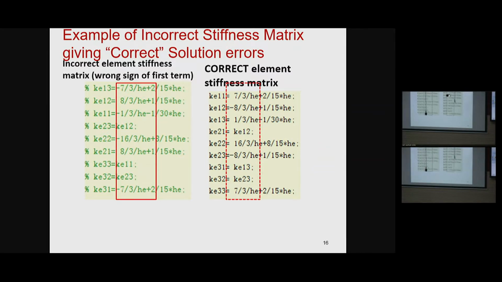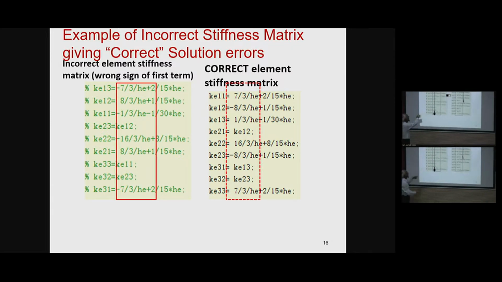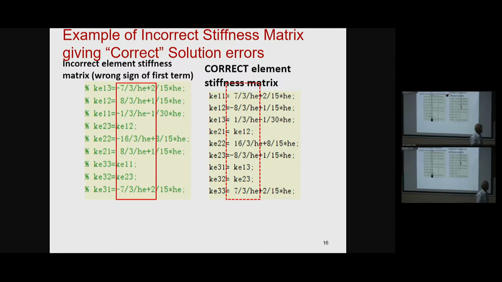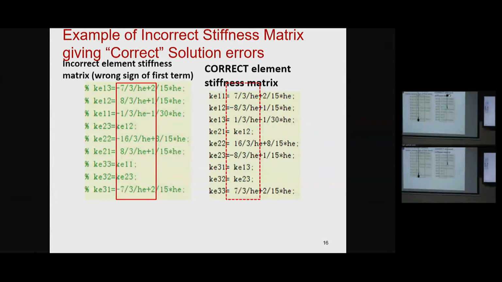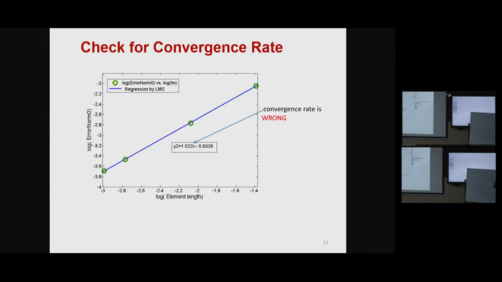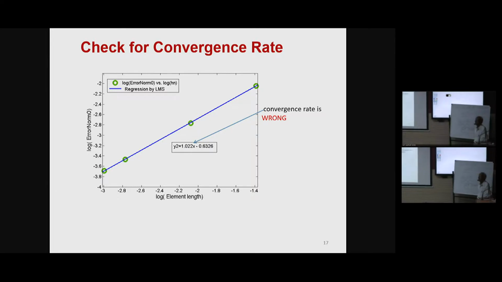So he designed a stiffness matrix, and if you see, the entry KE13 is -7/3, on that side is +7/3. On this side is 8/3, on that side is -8/3. So he purposely did that. But the solution of the problem made no difference whether there was a minus sign or a plus sign.